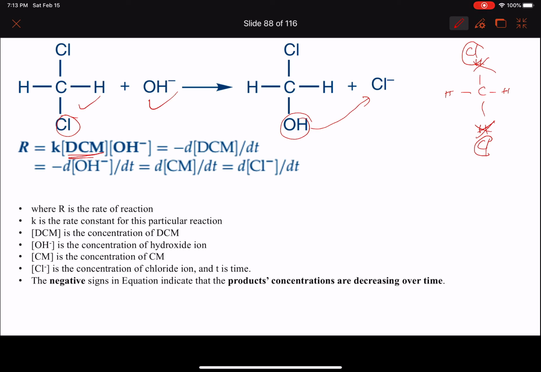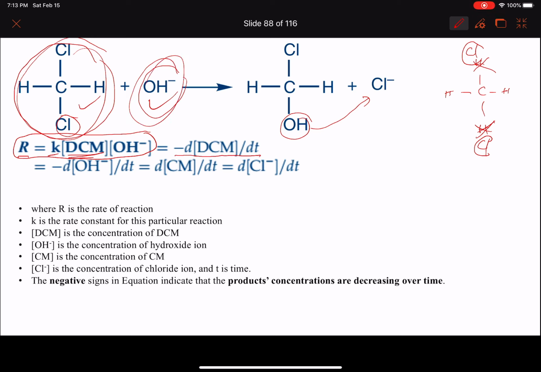So the reaction rate of this chemical reaction is k, the rate constant for this reaction, times the concentration of DCM, dichloromethane, times the concentration of OH-. This is the rate of reaction. Now, this is also equal to minus d concentration of DCM over dt.